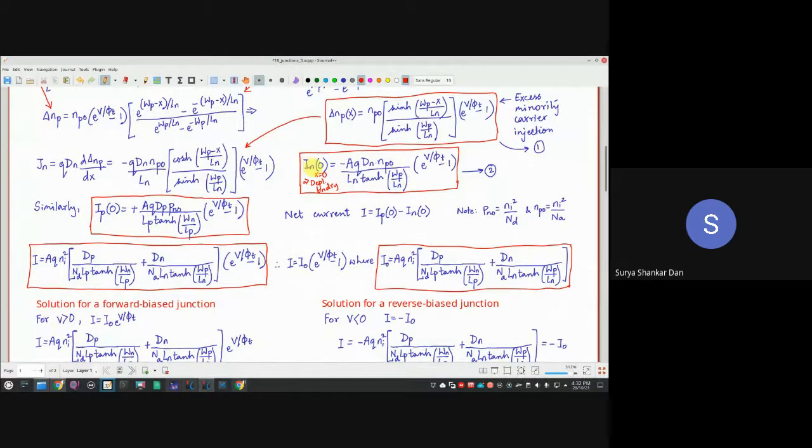This is for the N type region; for the P type region, it will be P. Dn will be replaced by Dp, and Np0 by Pn0, that means the hole concentration in the N type region due to thermal generation. Ln is the diffusion length in the N type region; it will be Lp, that is the diffusion length in the P type region. After that, tanh(Wp/Ln), we will write Wn in place of Wp, and Lp in place of Ln.